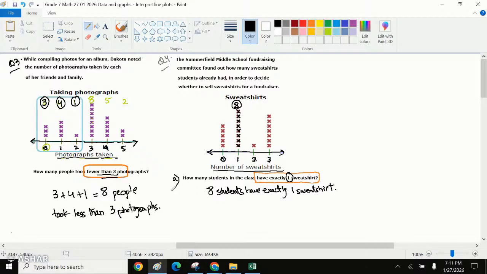But if I would add another question to this, if I would say how many students had more than 1 sweatshirt?